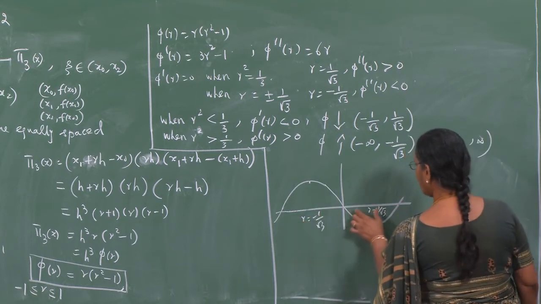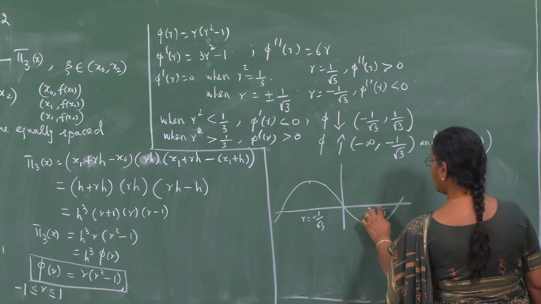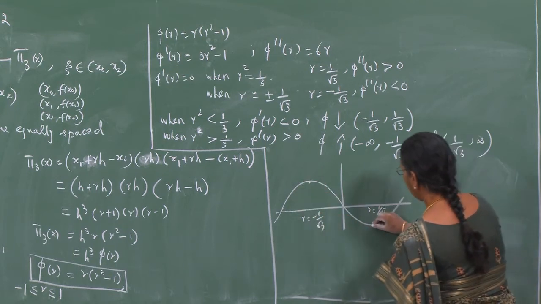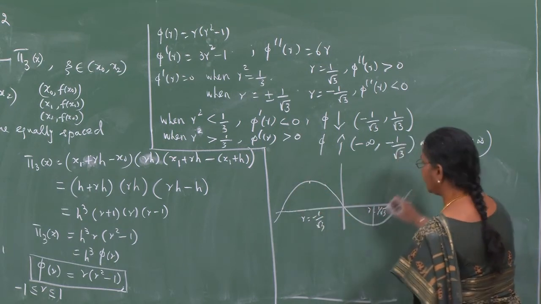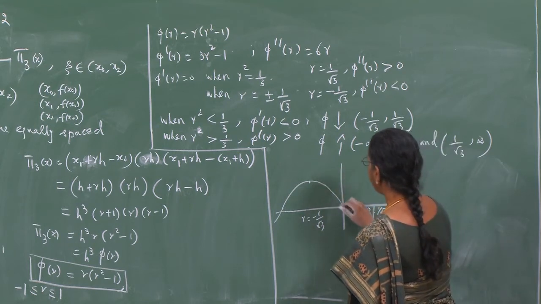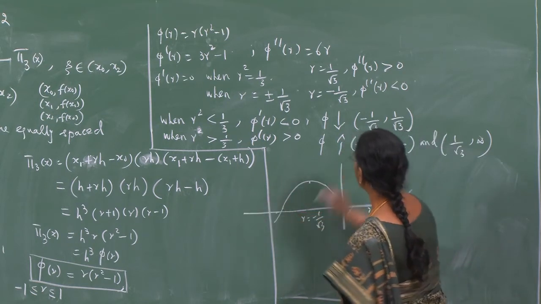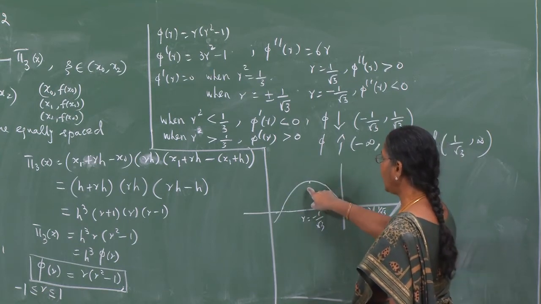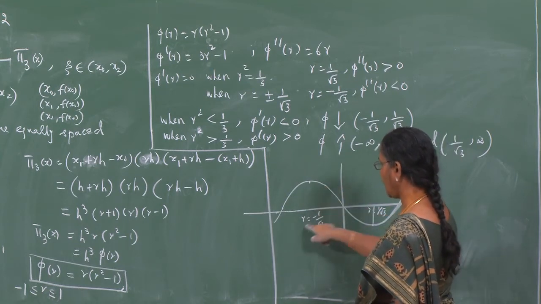In this interval between minus 1 by root 3 and plus 1 by root 3, it decreases, and beyond this it increases, and therefore the maximum of phi is attained at this point.